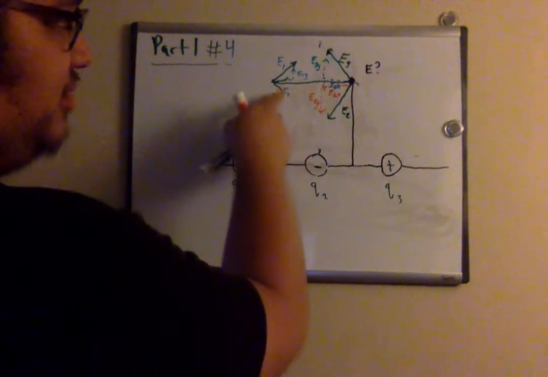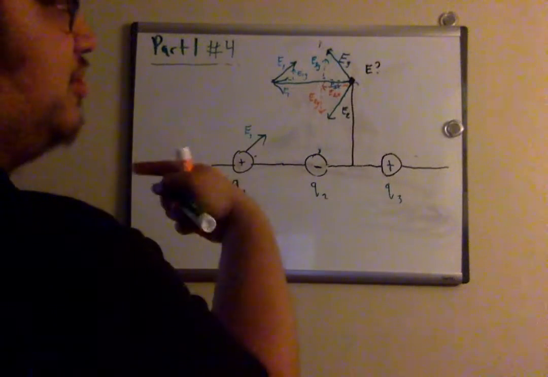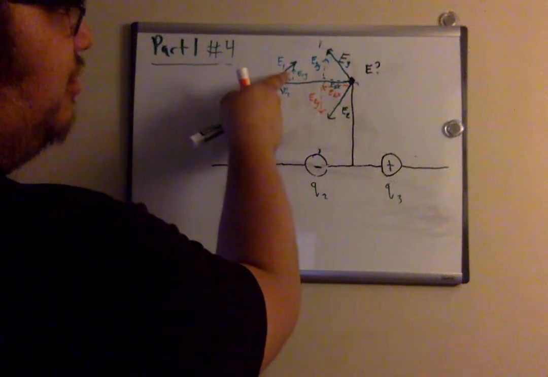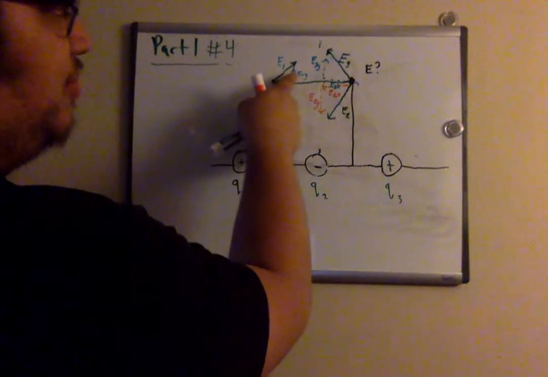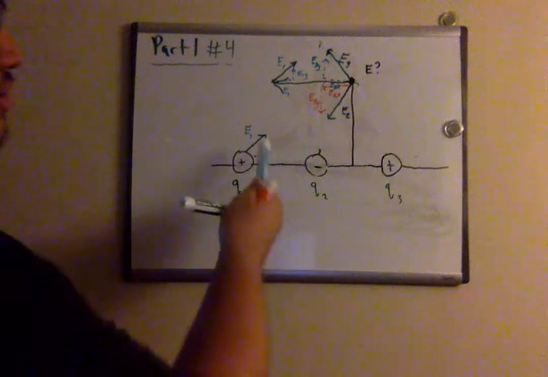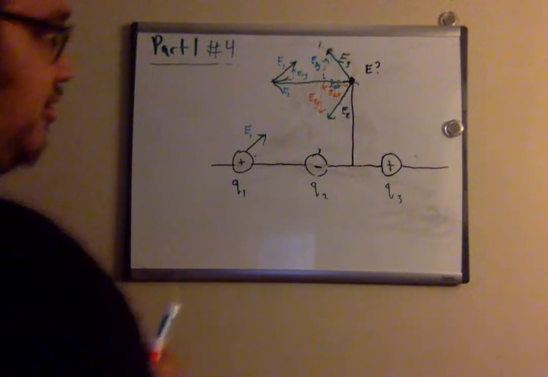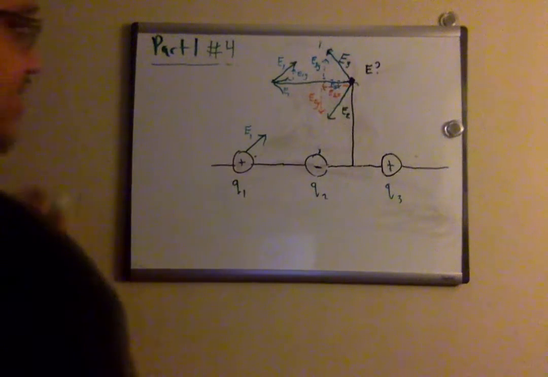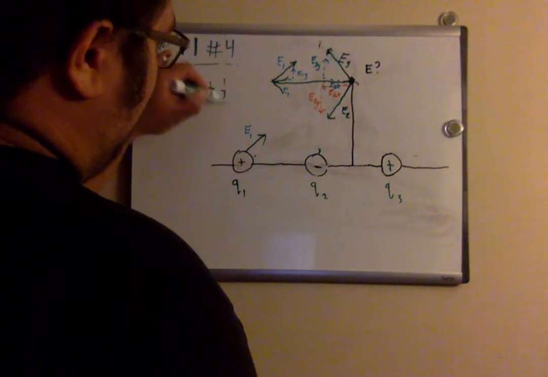This one will subtract somewhat, but it's not as large, so it'll still be towards the left. Now, from this charge, it'll still have a Y component pushing up, and so nothing cancels out there. We've already accounted for these, so therefore, overall, the direction of this electric field will be to the left and up.